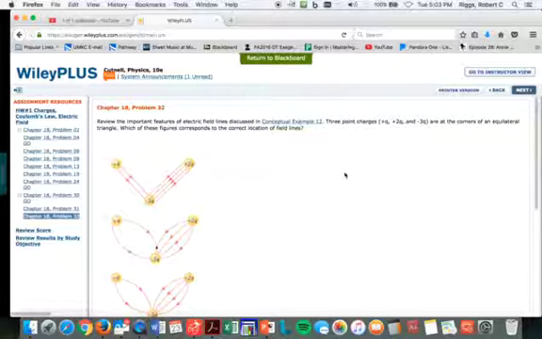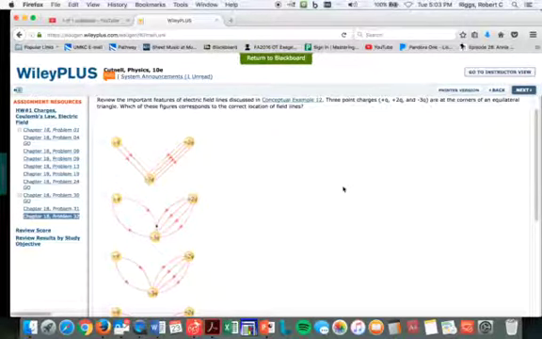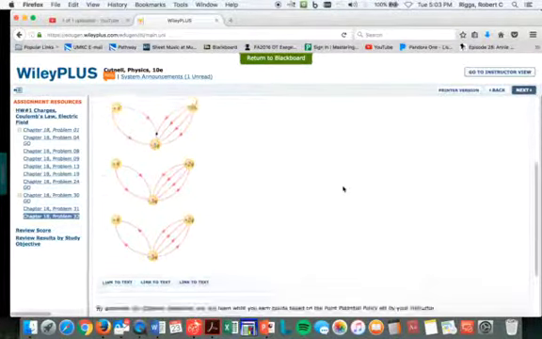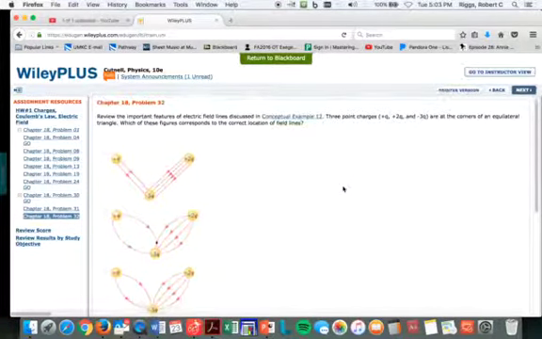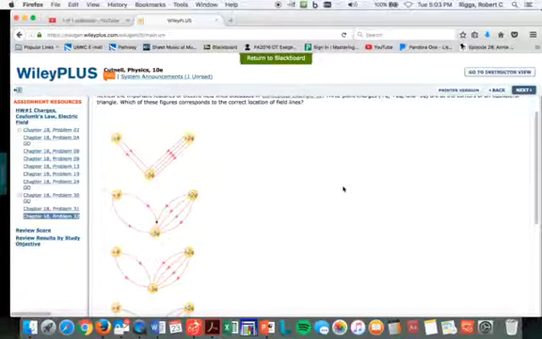3-point charges of 1Q, positive 2Q, and negative 3Q. Which one of these corresponds to the correct location of the field lines?